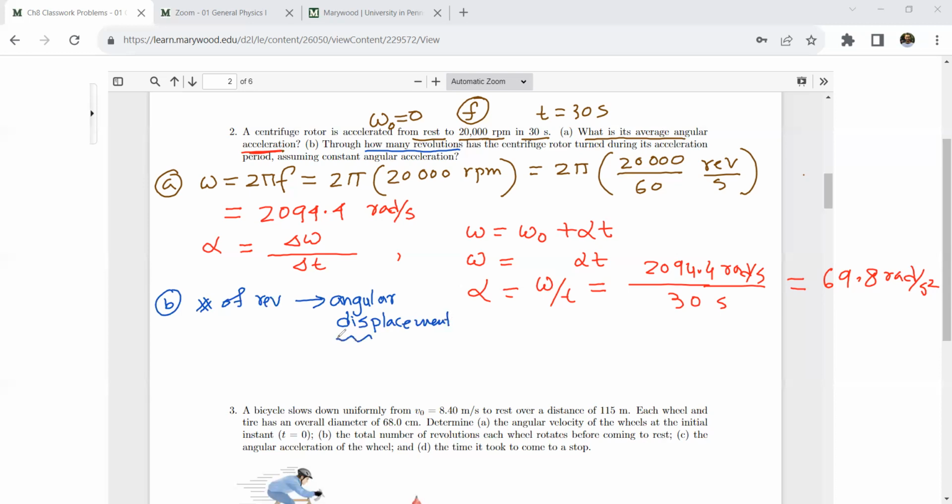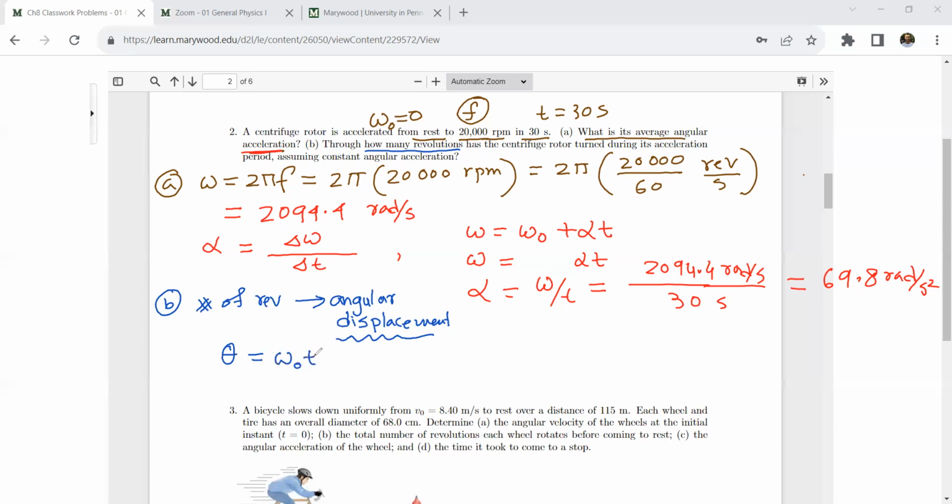If you can calculate angular displacement, you can immediately tell how many revolutions. So what is the angular displacement? If you remember from the theory lecture, angular displacement is theta, and theta can be determined from this equation.